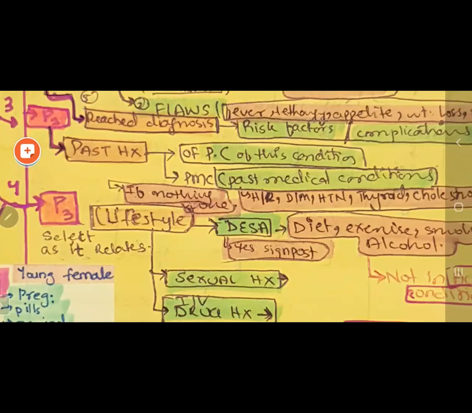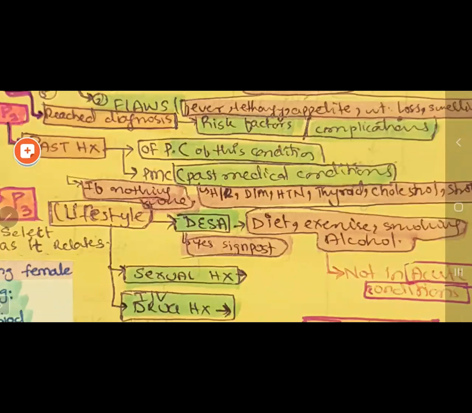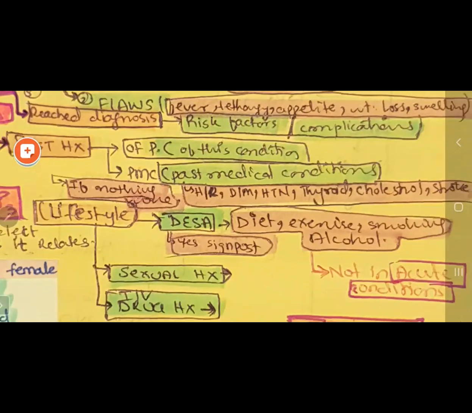After that, when you've done the relevant history, you come to the past history, which is very, very important. So that was the presenting complaint of this condition. Now we have to ask the basics: heart failure, hypertension, any arrhythmias, thyroid, stroke, cholesterol, which could be related to the condition. Also surgical problems.